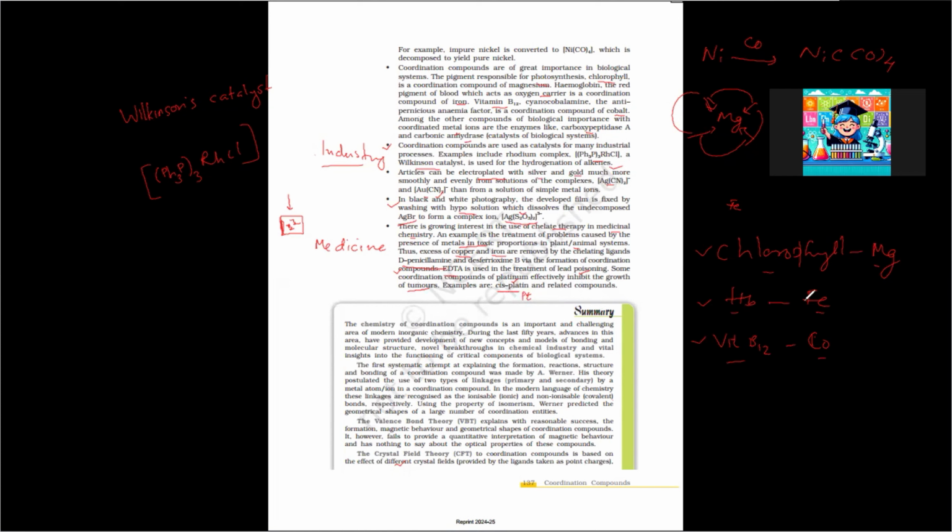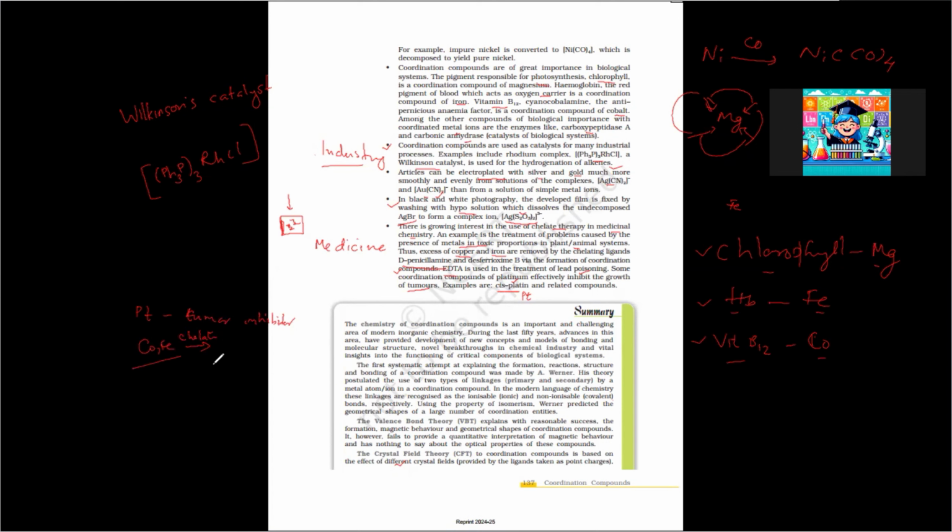So in medicine, which are the examples given here? Platinum, tumor inhibitor. Then, if copper and iron are present, they are removed by chelating ligands and their toxicity is reduced.